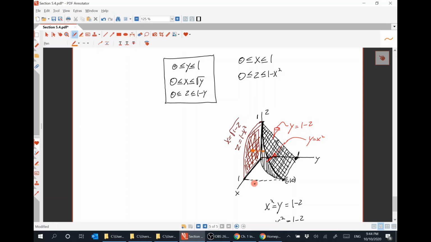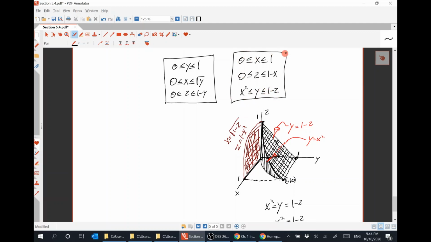Well, y starts at this parabolic cylinder, y equals x squared, to y equals 1 minus z, from here to here. It doesn't start at 0, because that block is off the xz plane. So it's x squared less than or equal to y, less than or equal to 1 minus z.